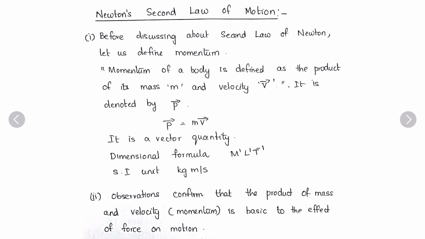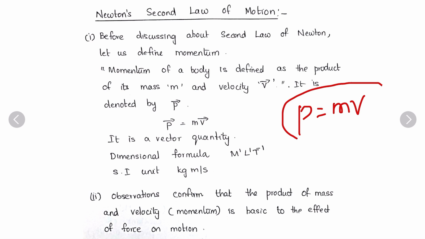Then after that we have to note some points. Observations confirm that the product of mass and velocity is basic to the effect of force on motion. What does that mean? Momentum is the product of mass and velocity. It is basic to the effect of force on motion.